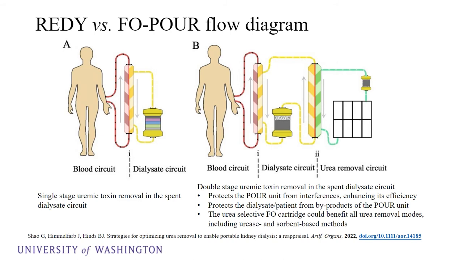Second, it protects the dialysate and patient from the byproducts produced in the POR unit. And this urea-selective FO cartridge could potentially benefit other methods of urea removal as well, such as the urease-based methods and sorbent-based methods, because it will minimize the interference of non-urea retention solutes.